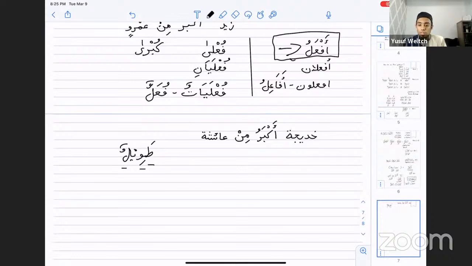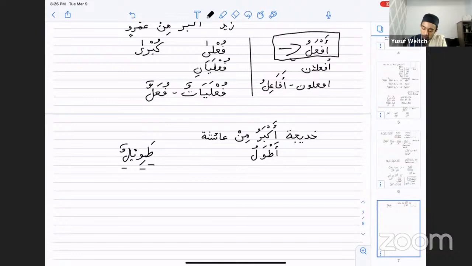Okay, so we change the kaf with a ta, the ba with the waw, and the ra with the lam. The hamza stays. Atwal. Okay. Yeah, exactly. Khadija atwal min Aisha. Perfect. So Khadija is taller than Aisha. And you can do that with any type of word.